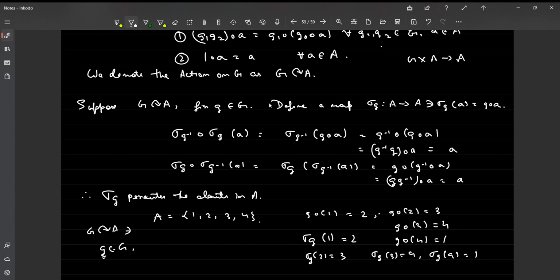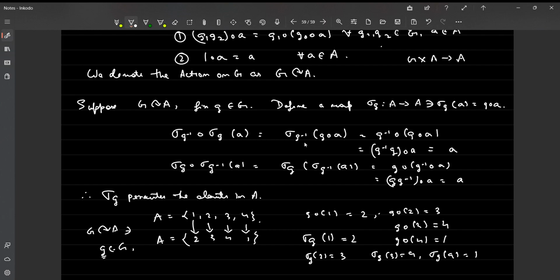So sigma g just reorients the elements in A.